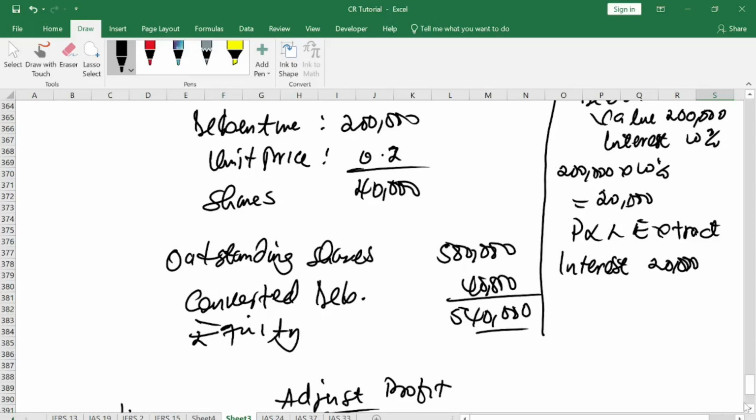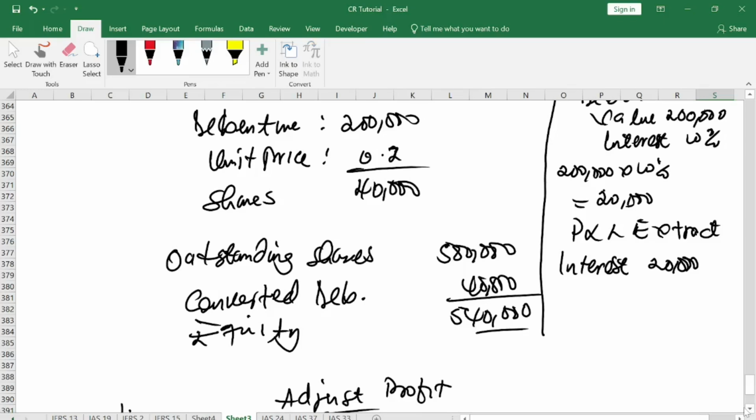Now, here is the kick. These debenture holders who are receiving this 20,000 as interest now want to convert to become ordinary shareholders. If they convert, the company is no longer going to pay these 20,000 to the debenture holders. Rather, the company will add it to their profits at the end of the accounting year.